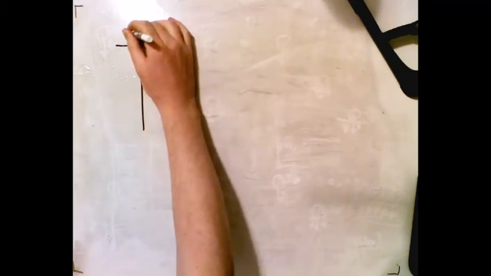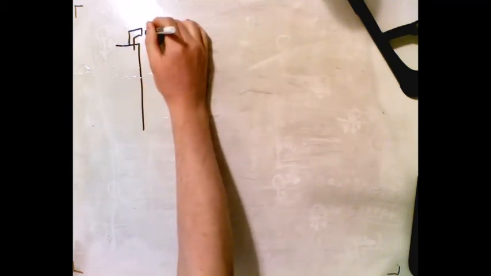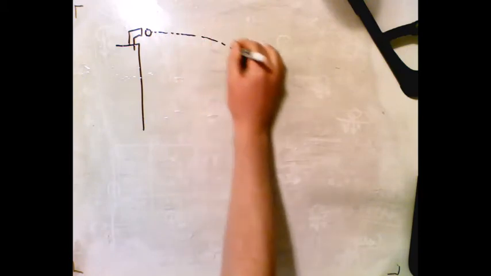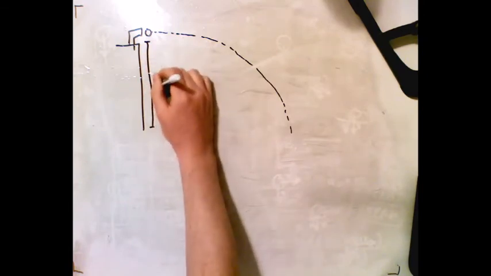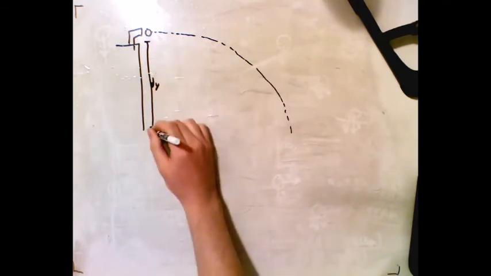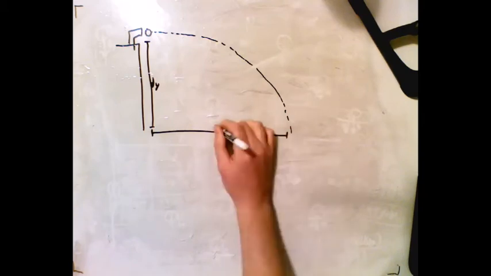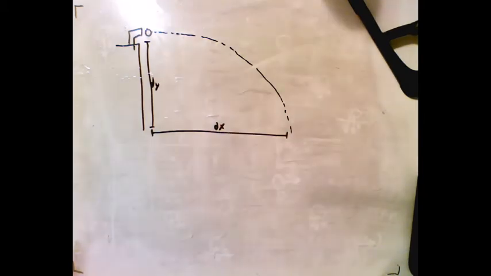So I have my hill, I have my cannon, and my ball. My cannonball is going to follow a path that's like that. We have our distance in the y, and we have the distance in the x. Those are two important things.